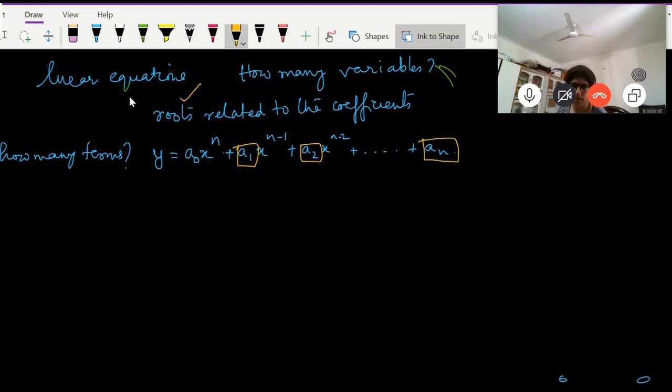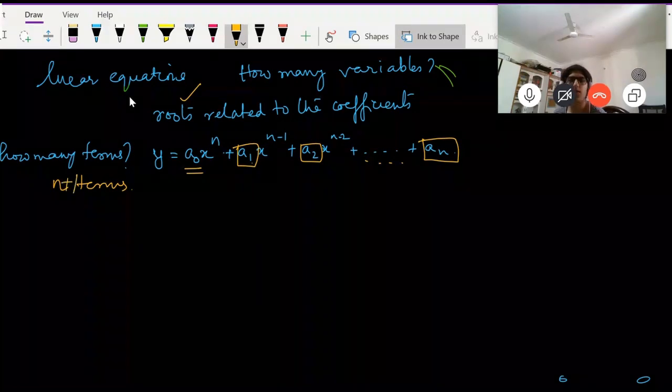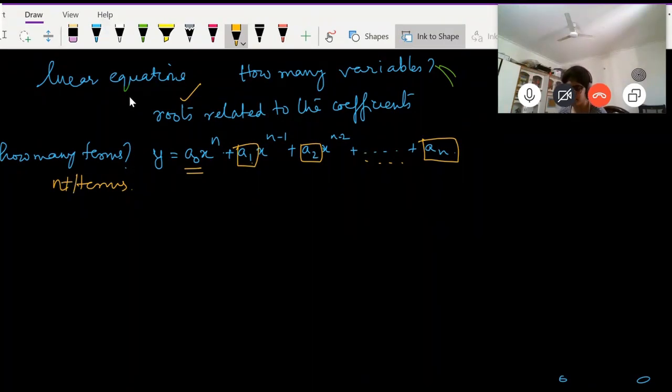How many terms? There are a lot of terms missing. It is 1, 2, 3 up to n. So how many terms? n terms, plus 1 because a0 is also there. So we have n plus 1 terms here, right?